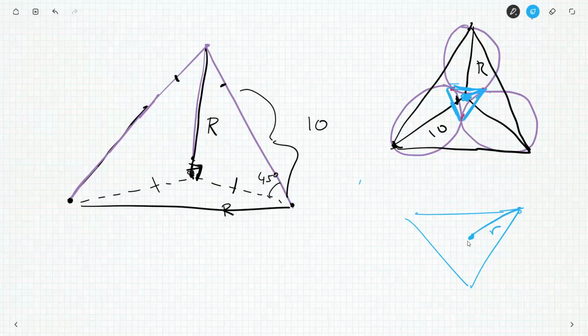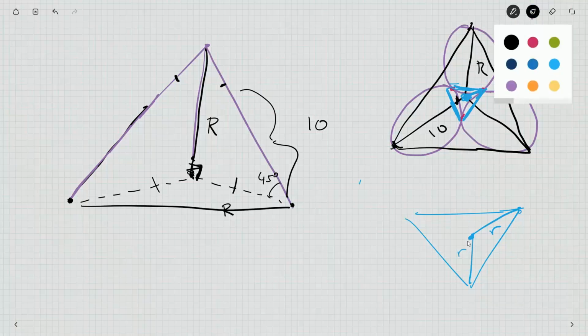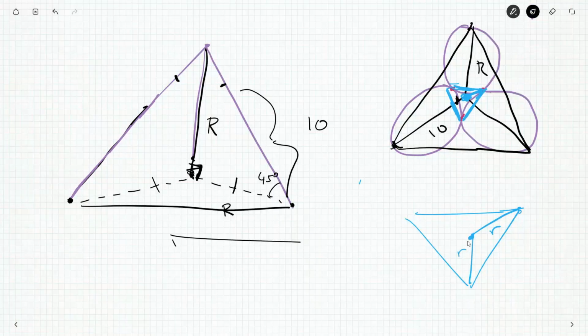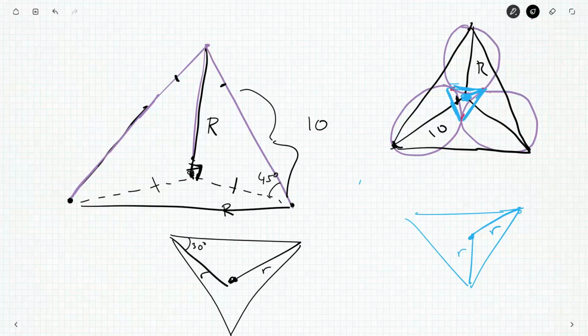Well, I'll tell you what we can... Because it's an equilateral triangle, I'm just going to draw it in black because I think it'd be a little easier to see. So to the center, with these R's here, when they hit the center, we're going to split the 60-degree angle into 30-degree angles.